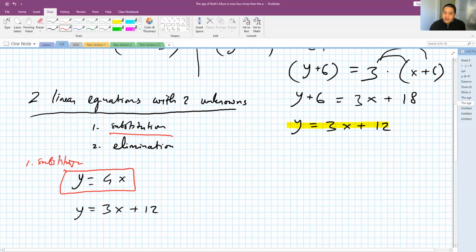For example, here y equals 4 times x. Then we can put what y is into the second equation. From the first one we know y equals 4x, and then we can put that into the second one. So in this case, 4x equals 3x plus 12.